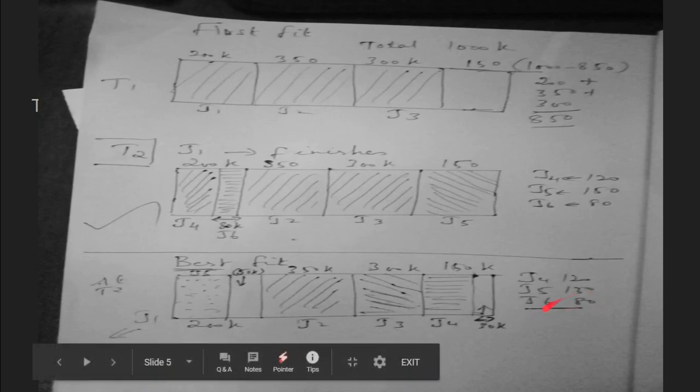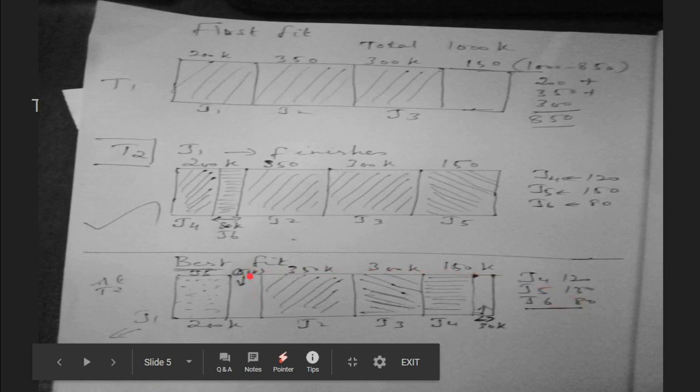Naturally, it has the capacity of 80k. When it has the capacity of 80k, here the 150 space is already allotted, so only 50 is remaining. So naturally 50k will be left out, but J6 has the capacity of 80, which cannot be allotted.